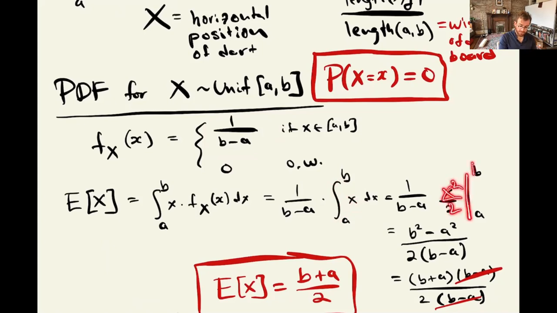I evaluate it at the endpoints b and a, and I get b squared minus a squared, but then I have it divided by 2, because that came from this anti-differentiation process. And then I had this normalizing factor, which is the length of that interval, b minus a. Now, if you remember, b squared minus a squared actually factors as b plus a times b minus a. And so luckily, these factors cancel out.